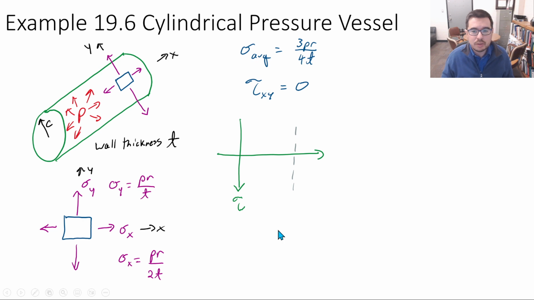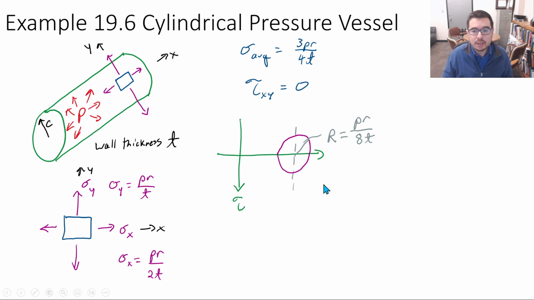So where are the points going to be? One's going to be out here at PR over t. It's actually sigma y that will be sigma 1. And the other one will be at PR over 2t. What's the radius? The radius is going to be PR over t minus 3PR over 4t.